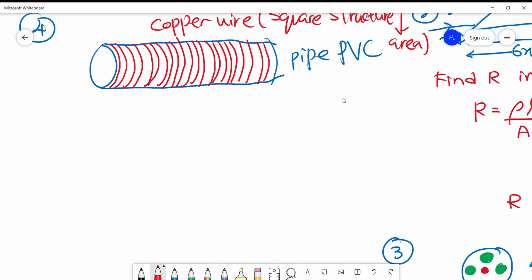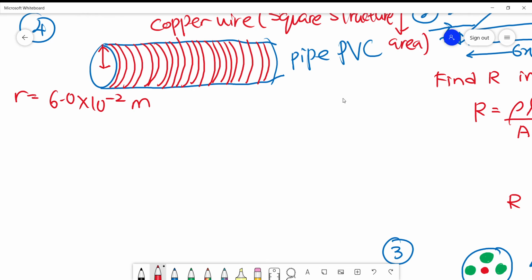The information given: the radius of this PVC pipe is 6.0 times 10 to the power negative 2 meter.